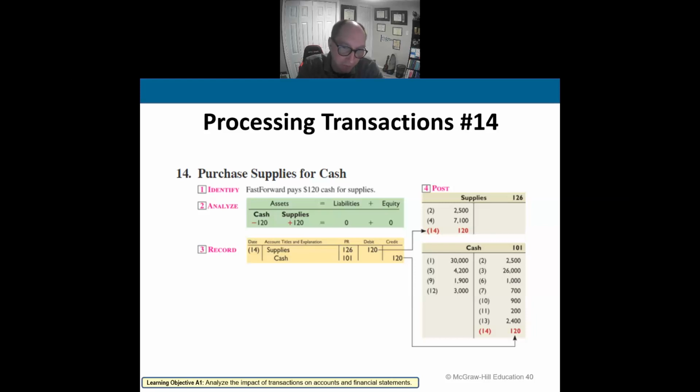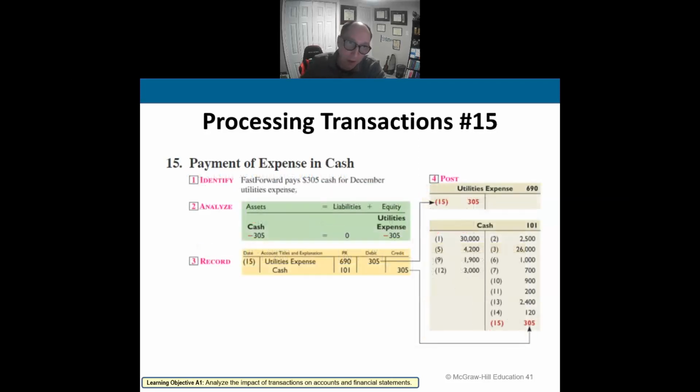In this transaction, we're purchasing inventory for cash. Very simple transaction. Reduce my cash, increase my inventory. Debit the inventory account, credit cash, post those to the ledger. Another simple transaction, I'm paying cash for various expenses. In this case, it's a utility bill.